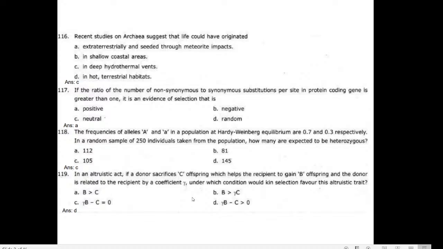The donor sacrifices C offspring, and that helps the recipient gain B. The donor is related to the recipient by the coefficient gamma. Under which condition does kin selection favor this? In kin selection theory, they mention that such traits are favored when the net benefit, the offspring protection, is higher than 0.